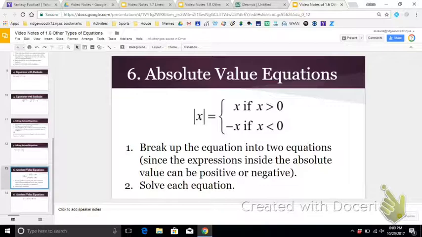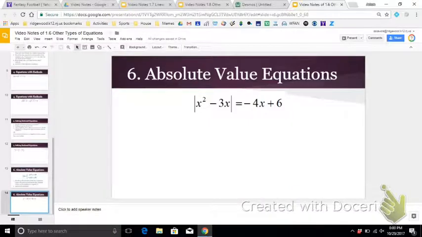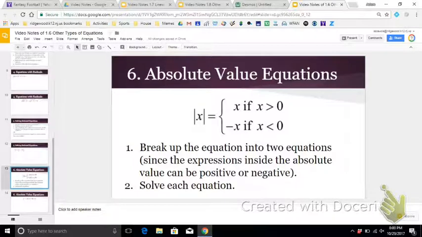And likewise, it'll only equal negative x if x is less than 0. So when we put the negative in front of x squared minus 3x, that's only true if x is less than 0. So if we got solutions that were greater than 0 there, then they're going to be extraneous.